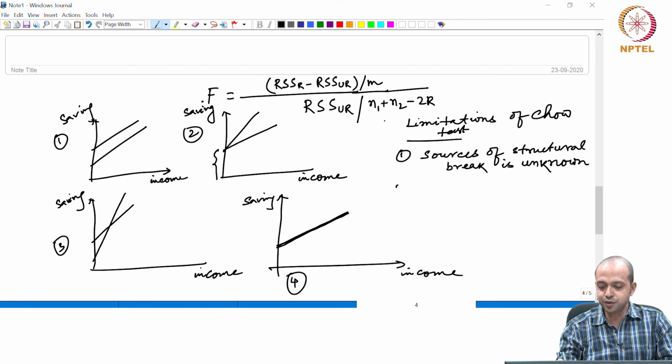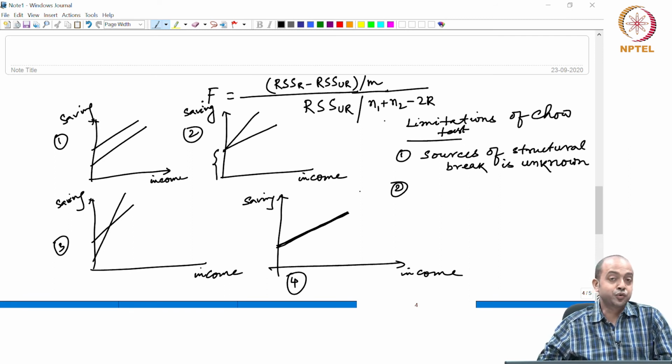And what is the other limitation? If you recall, we have assumed 2 samples, 2000 to 2007 and 2008 to 2020, and these 2 samples are independent.